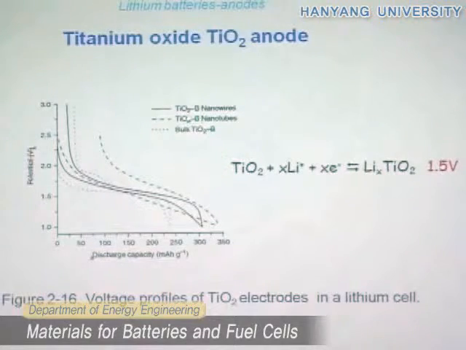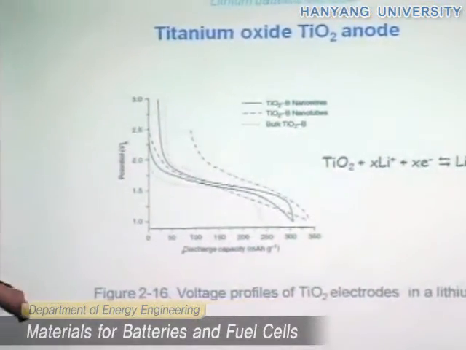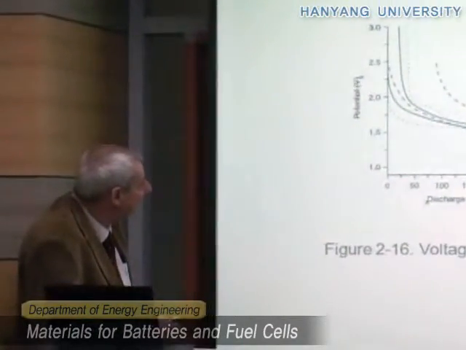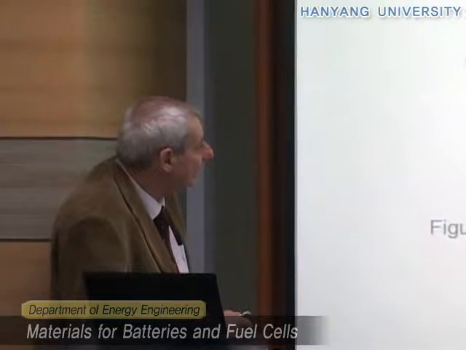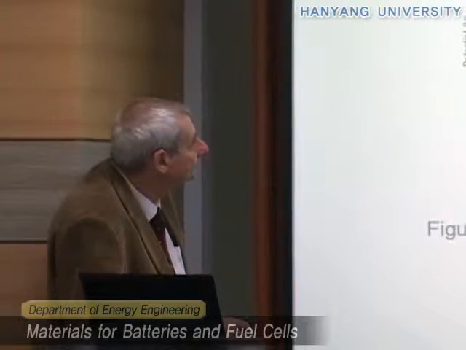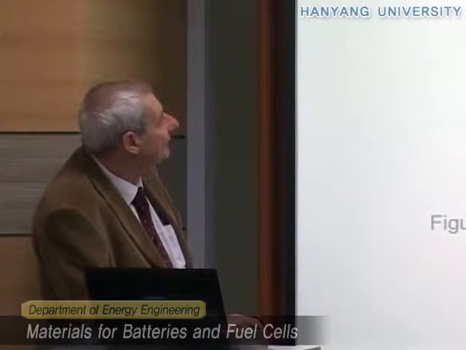However, if we pass to titanium nanotubes, but even better with titanium nanowires, you see that now the charge and discharge curves are much closer together, so there is not a big hysteresis, which indicates the occurrence of some overvoltages, and the capacity that we get is approaching the theoretical capacity, 300 milliampere hours per gram. So titanium oxide can be used as a nanomaterial, but it usually requires preparation in a nanostructure, like nanowire.